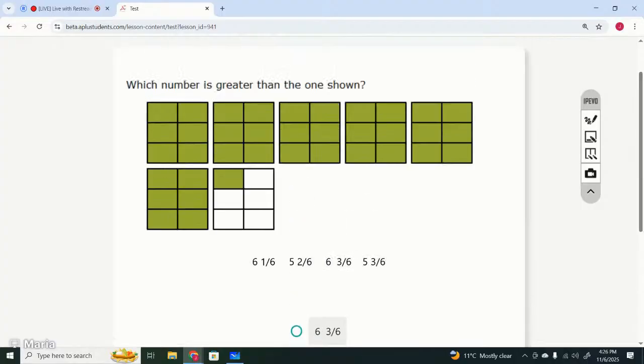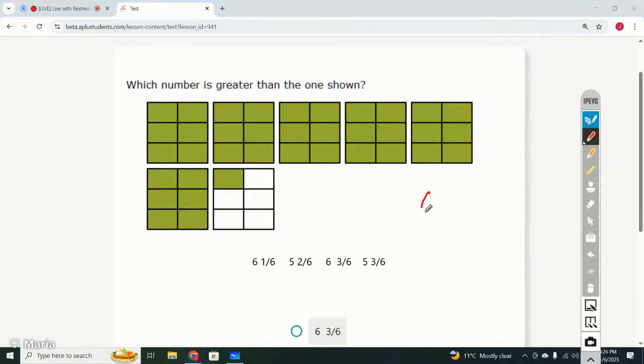Which number is greater than the one shown? 1, 2, 3, 4, 5, 6. That is 6 whole 1 over 6.